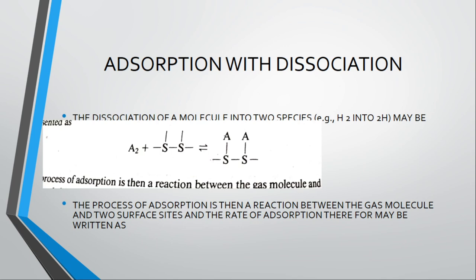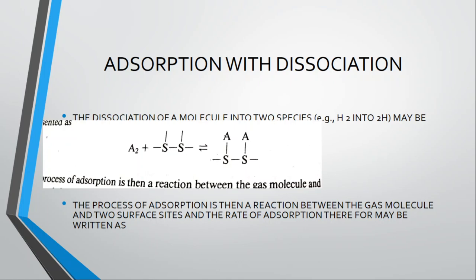For example, if you see the figure, I can consider a molecule A2 that is going to be adsorbed on the surface, which is mentioned as S, and here the molecule is getting dissociated and adsorbed on the surface as atoms.